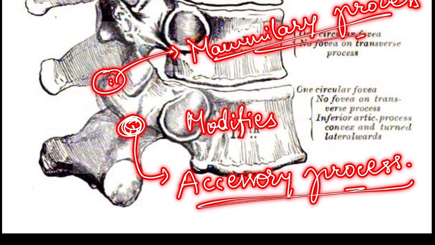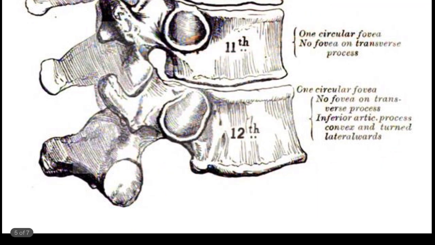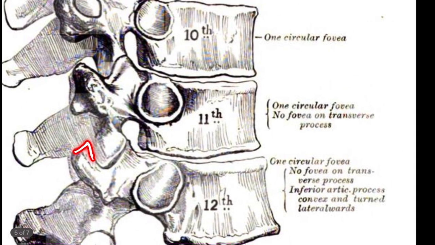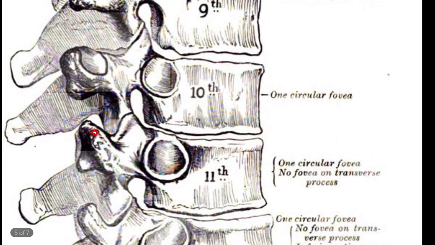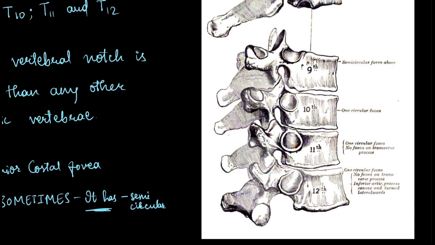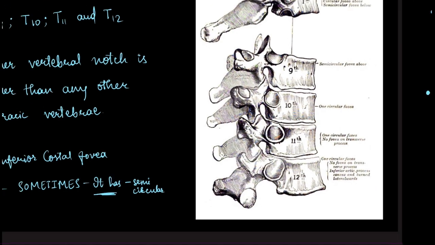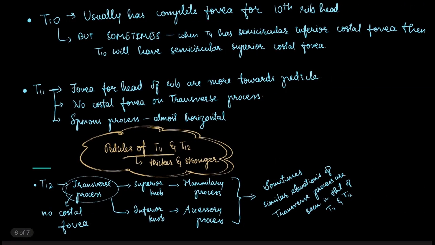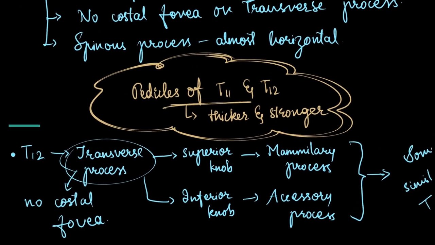And such knobs, such elevations, such tubercle type formings can also be seen in 11th and 10th thoracic vertebrae, but they don't modify into mammillary and accessory processes as that of 12th.